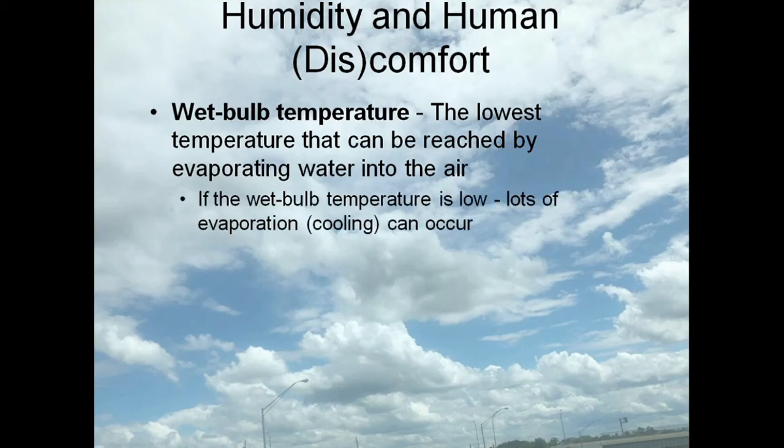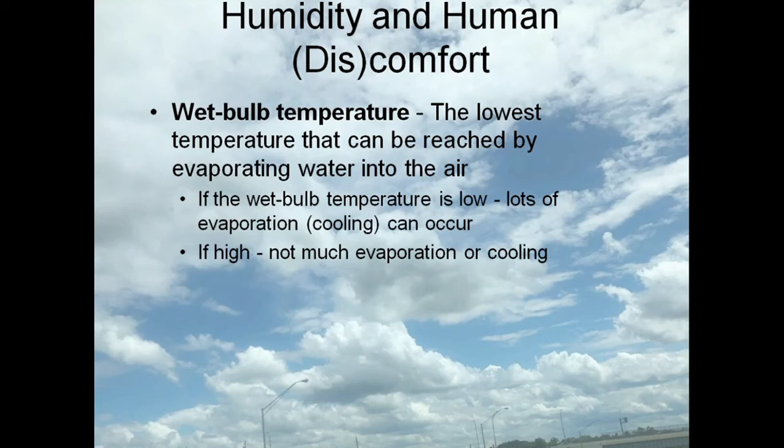If the wet bulb temperature is low, lots of evaporation and cooling can occur. If high, not much evaporation or cooling can occur. So when you have a high wet bulb temperature and you're exercising, when you start to sweat to cool yourself, not a lot of evaporation is taking place, so you can actually overheat.